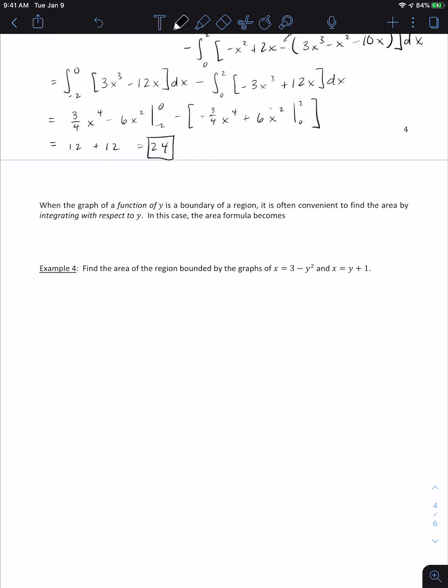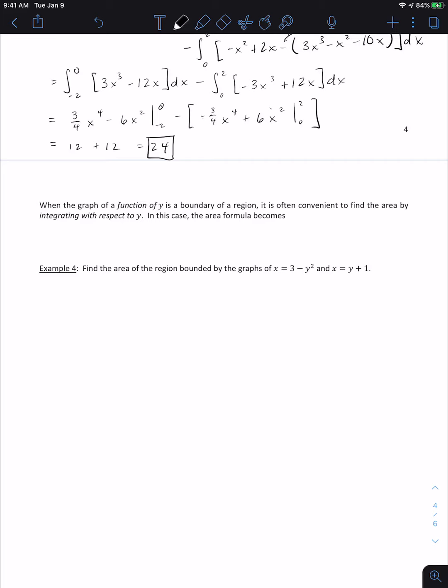Sometimes a function can be given in terms of y, like in example 4 here, x equals 3 minus y squared and x equals y plus 1. So in this case, it's not necessarily convenient to convert everything in terms of y equals something. It's actually more convenient to just keep everything in terms of y and integrate, right?